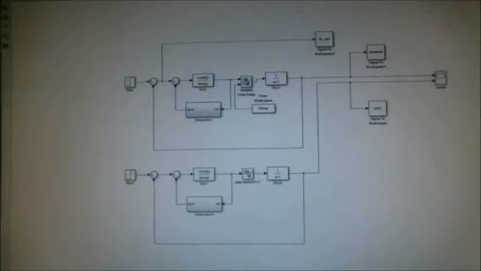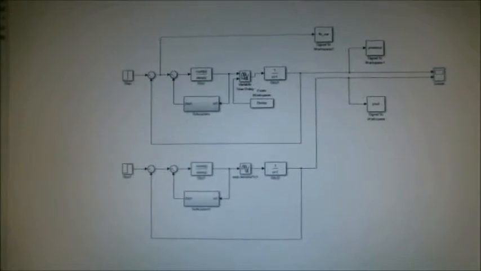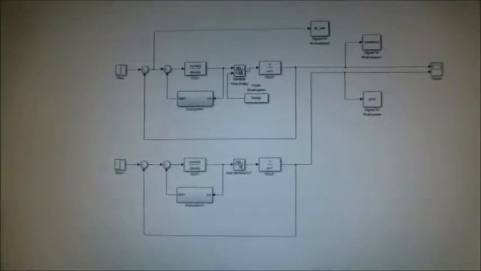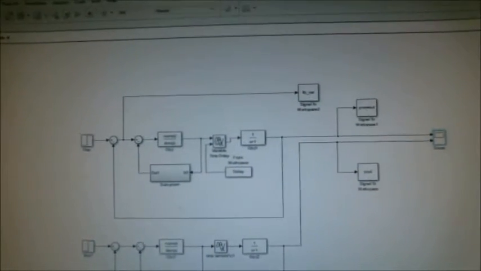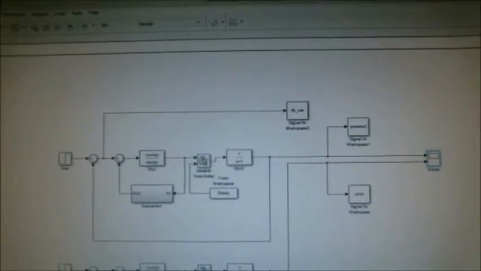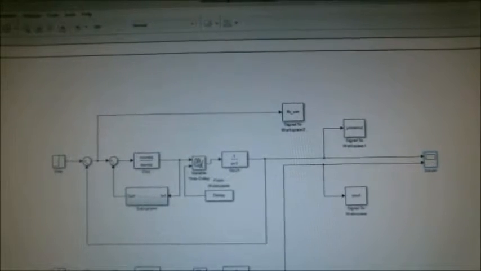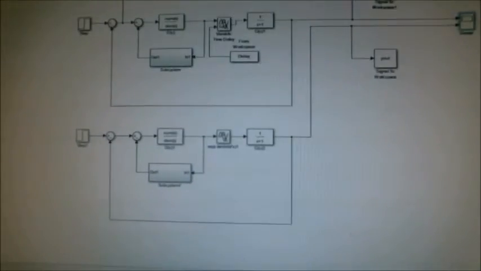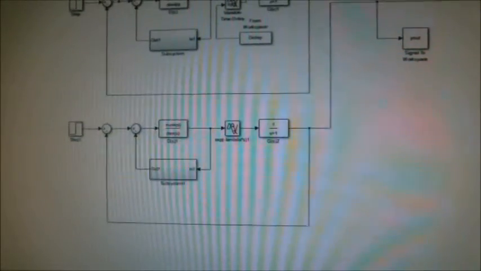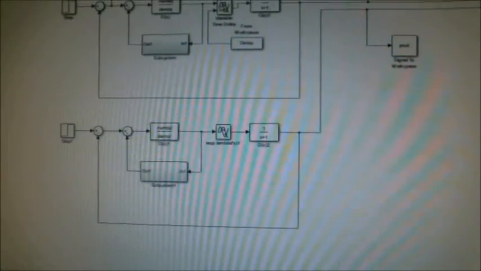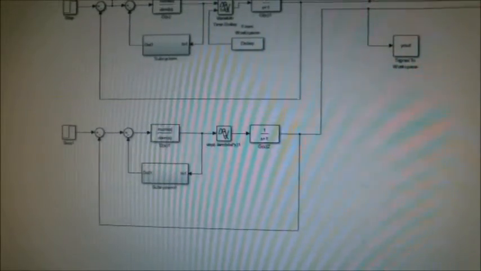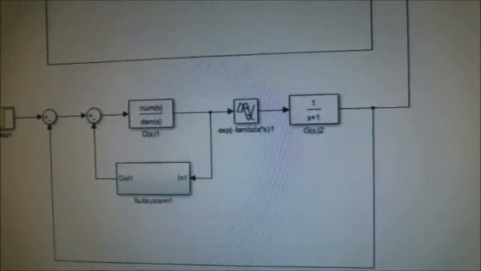So this is the Smith compensator system I built in Simulink. On top here we have the system where the delay varies, and on bottom this is the nominal Smith compensation system, something that we're very used to, where the delay is seen right about here.